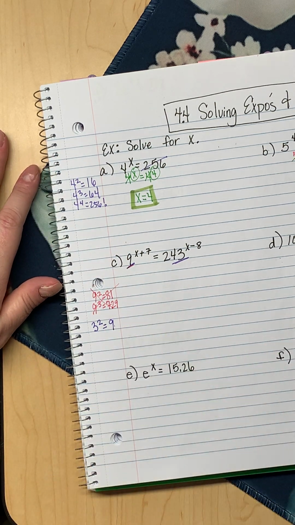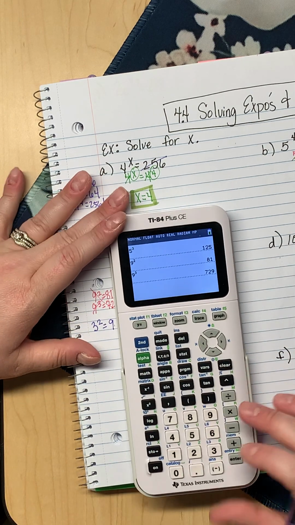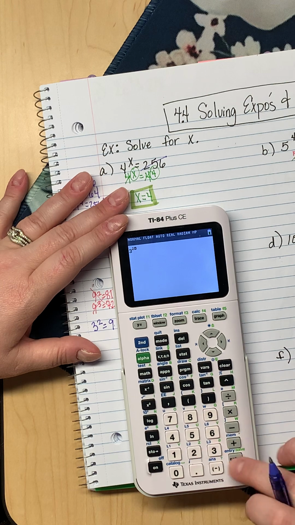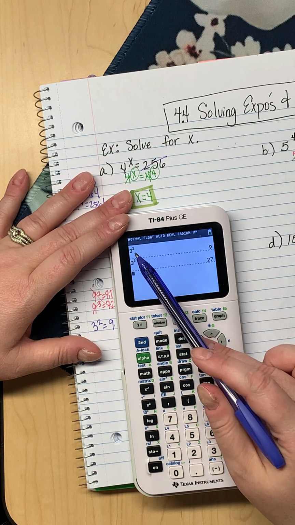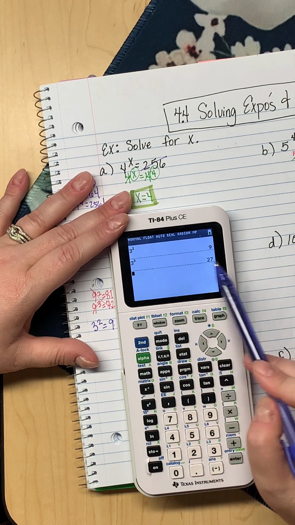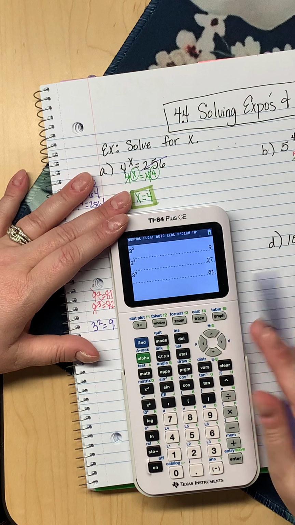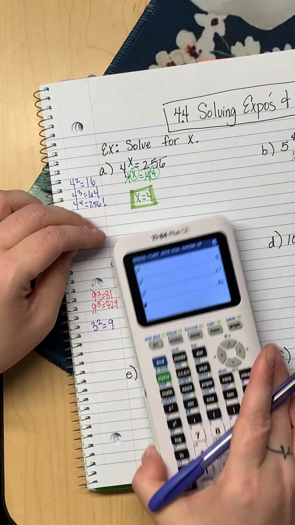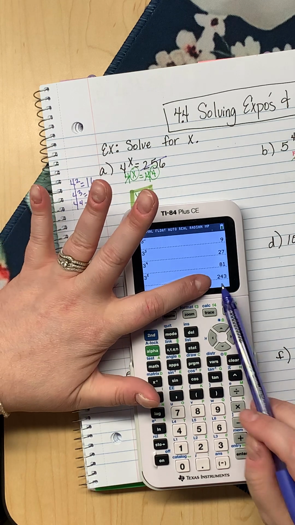Woohoo. And then let's see if 3 to the anything gives me 243. 3 squared is 9. 3 to the 3 is 27. 3 to the 4 is 81, but we want 243. 3 to the 5 is 243.